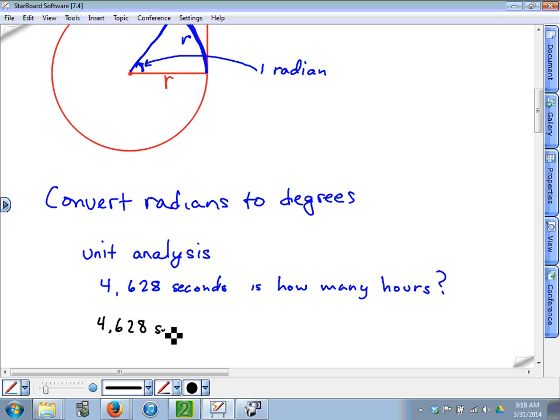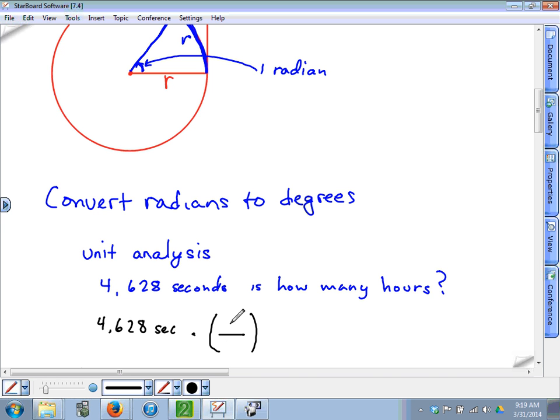So 4,628 seconds. What we need to do is multiply this by a fraction. It's called a conversion factor. The key to this conversion factor is it's the same thing divided by itself.